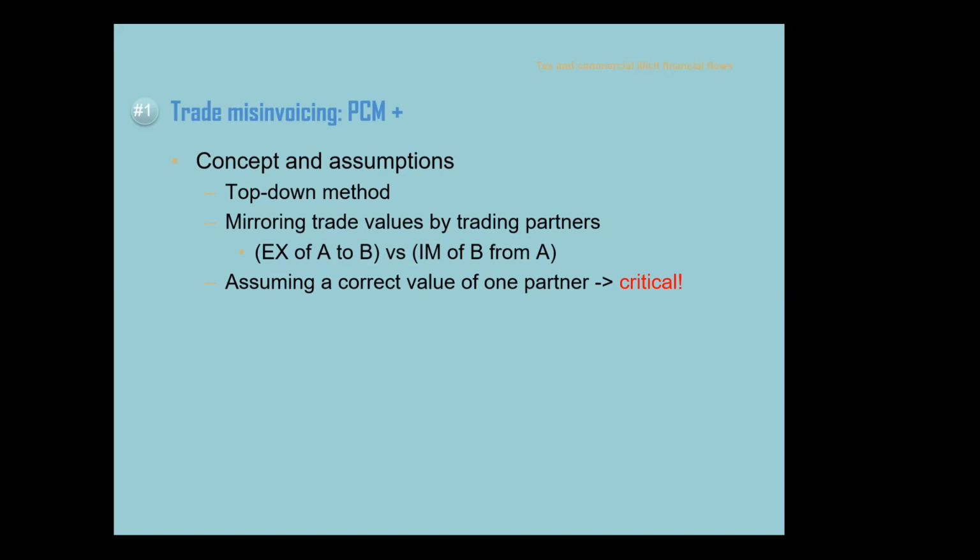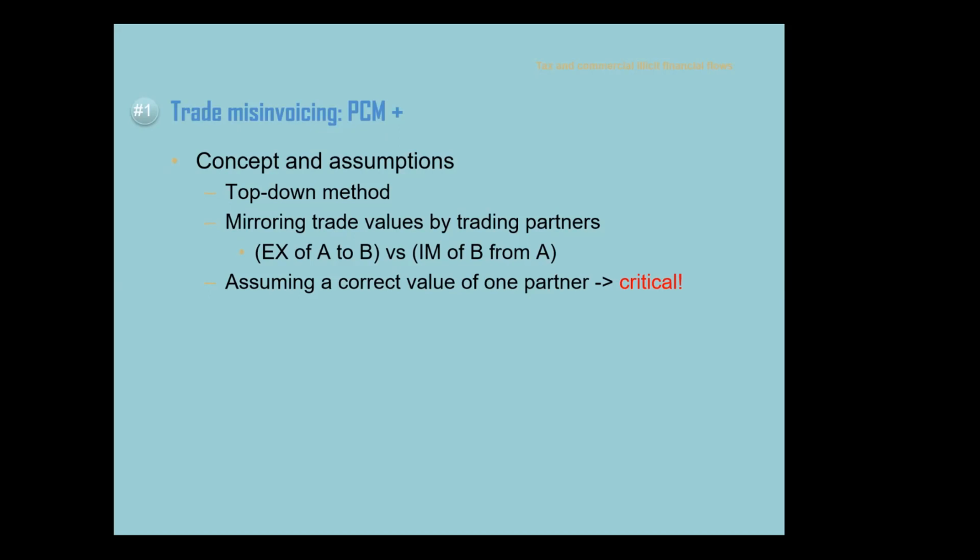The method is essentially building on the mirroring of trade statistics by partner countries. So essentially, it is looking at what exports of country A to country B are and how those compare to declared imports of country B from country A. And then we are cross-checking those two records and observe whether there are any discrepancies in between.